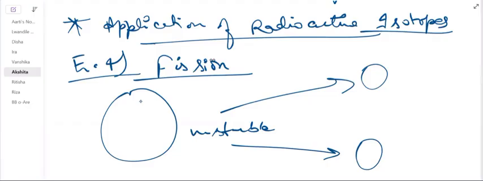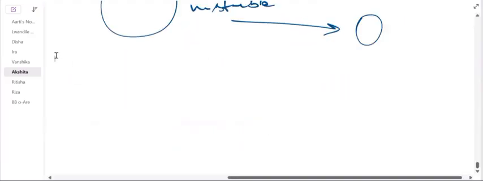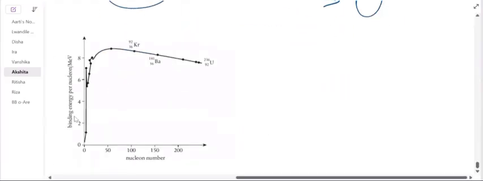So let's have a look at what the unstable nuclei are. Binding energy per nucleon is calculated in MeV, mega electron volt.